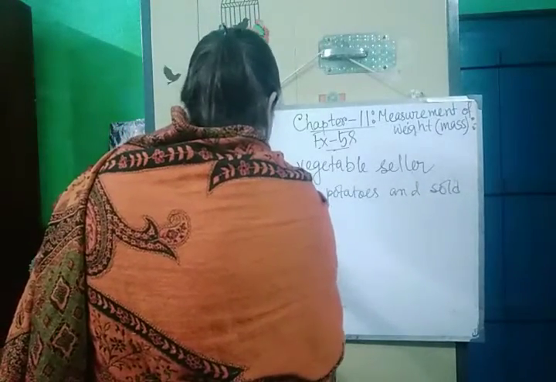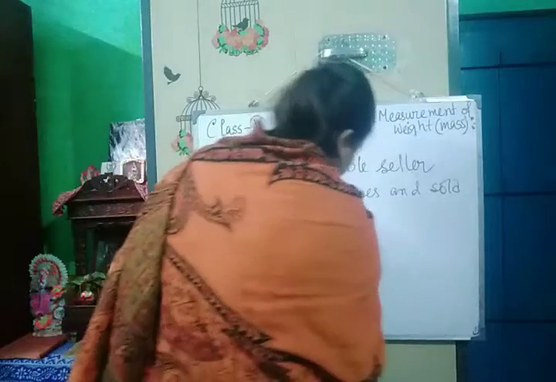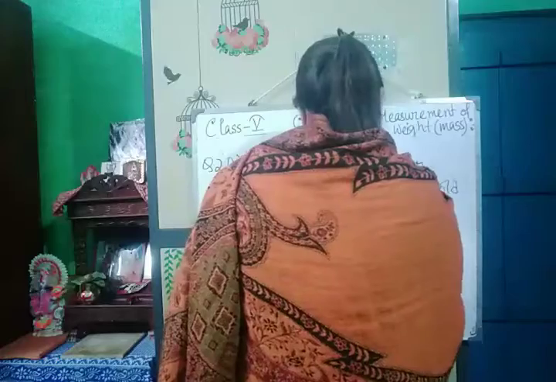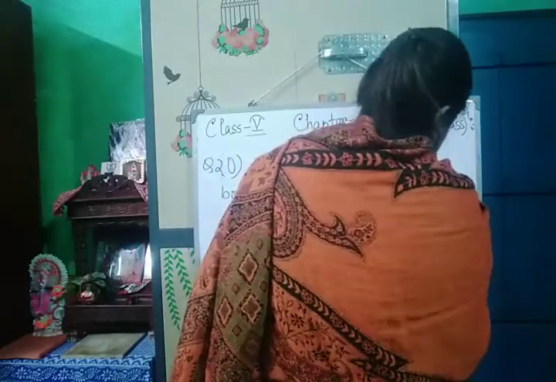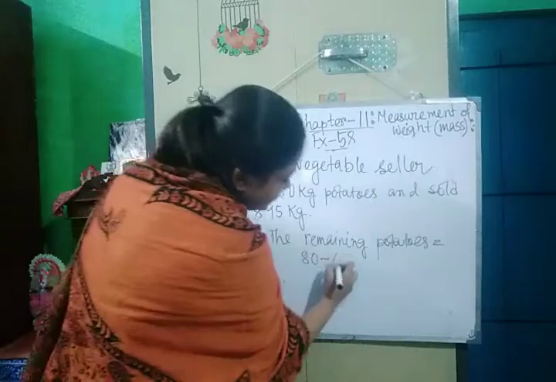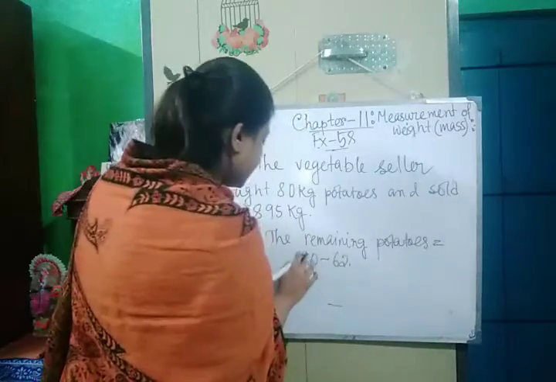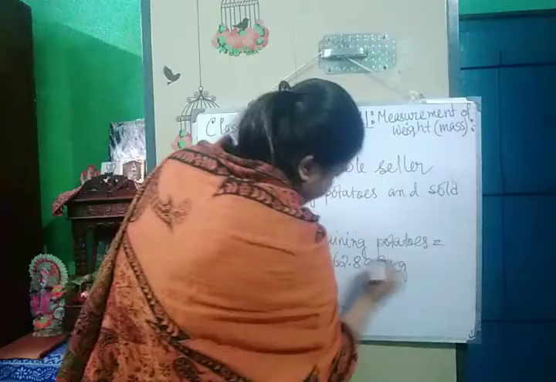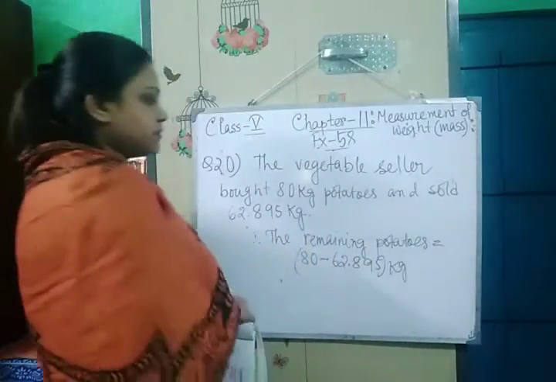Therefore, the remaining potatoes equal 80 minus 62.895 kg.